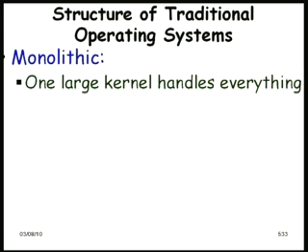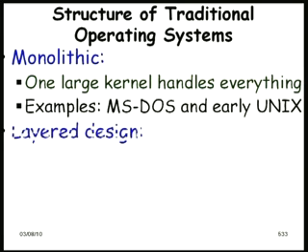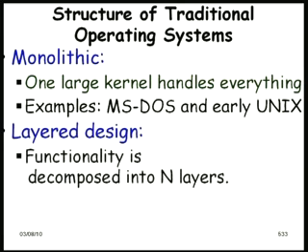The traditional operating systems are monolithic. One large kernel handles everything. We are saying that Unix and DOS. See, now we will see that slowly Windows and Unix are becoming microkernel based. And the typical construct of these traditional operating systems, we even read in the first level course, is a layered one.